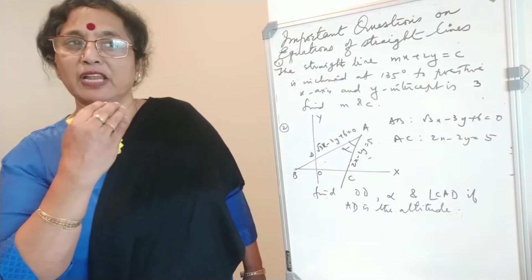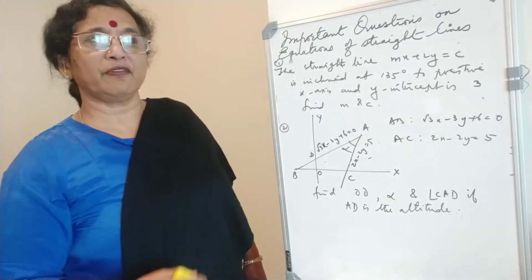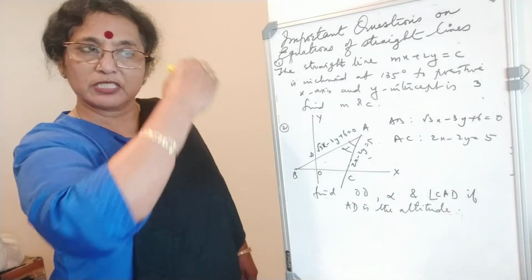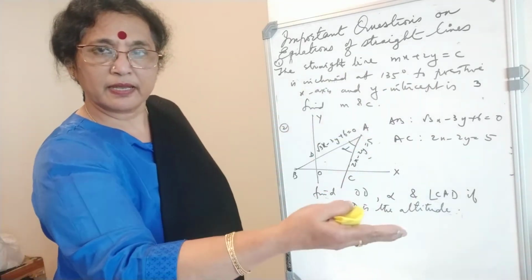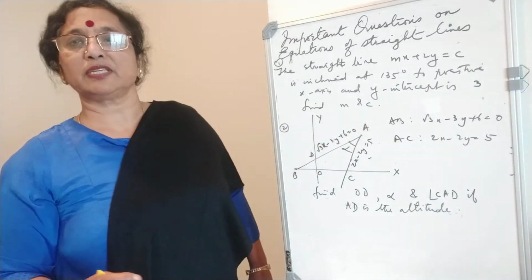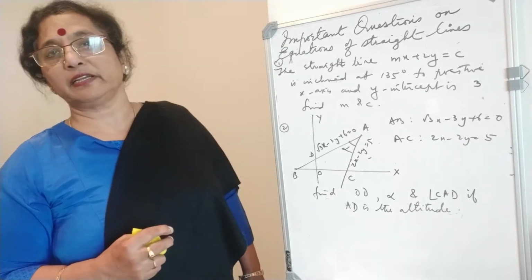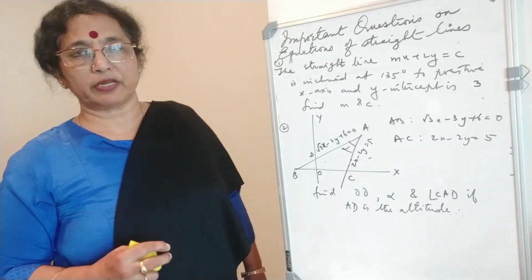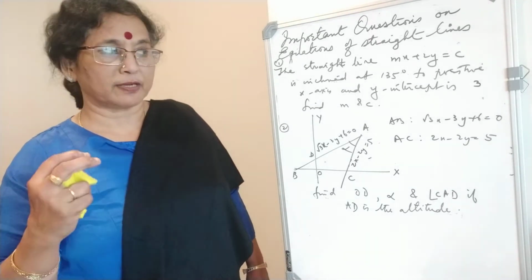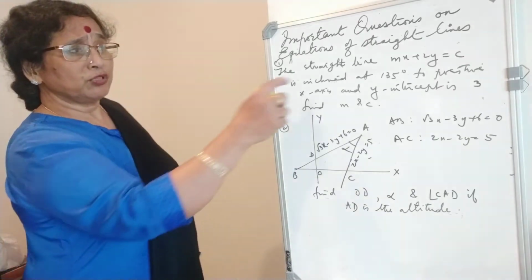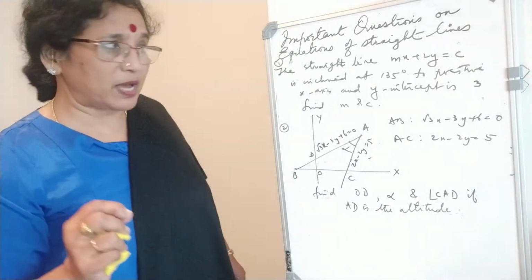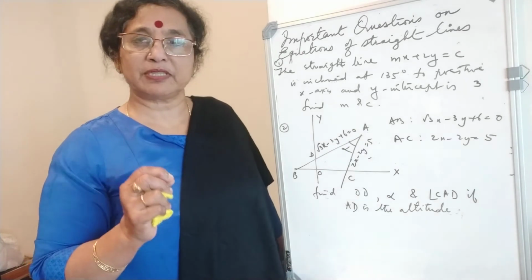So if the line is making 135 degrees with the positive direction of the x-axis, then tan 135 is minus tan of 45 degrees, which is the supplement of 135, and that's minus 1. So you know the slope of this line is minus 1 and the y-intercept is 3.